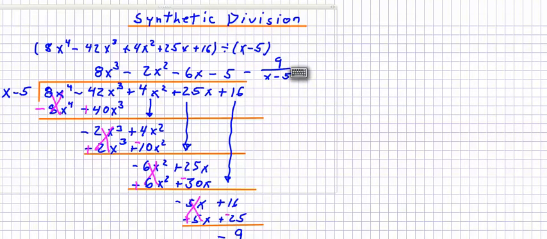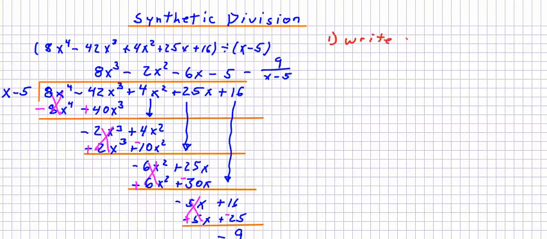Step one is to write the coefficients of the polynomial. Only the coefficients.